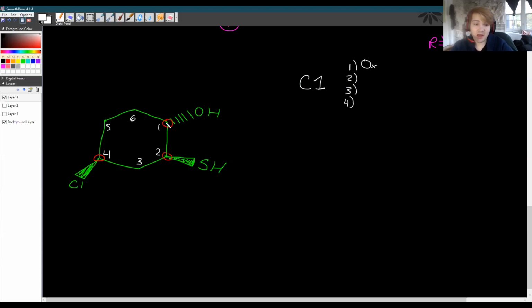One of the bonds that we have is towards C2. Another bond that we have is towards C6. And what's the last bond we have? Well, it is that nice hidden bond of that hydrogen.